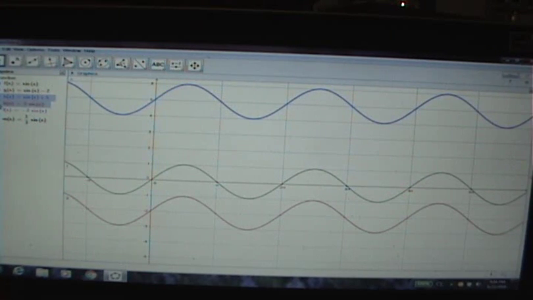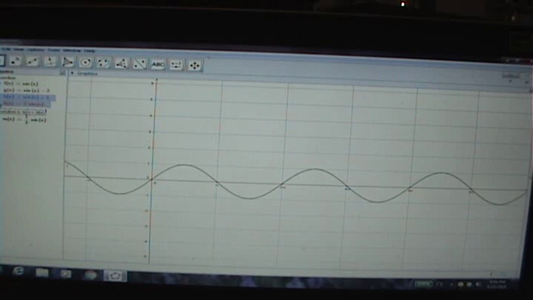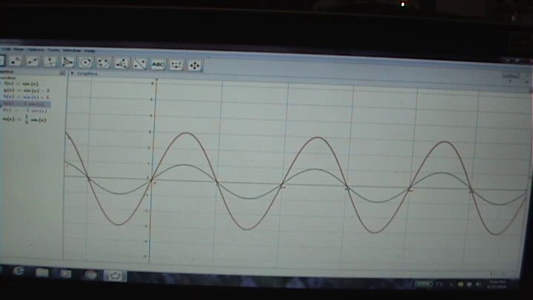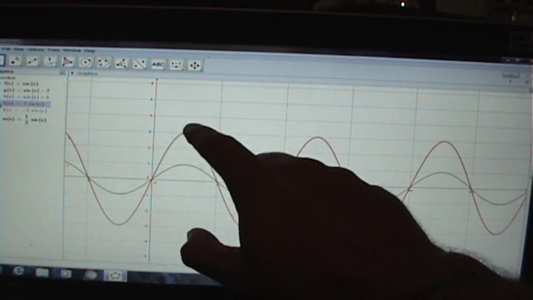Okay, the next graph, k of x, is going to be 3 times sine x. Let me move these off real quick just to clear up the screen. So 3 times sine x is going to change our amplitude, or do a vertical stretch by a factor of 3. So now we take all of the y values and multiply them by 3.